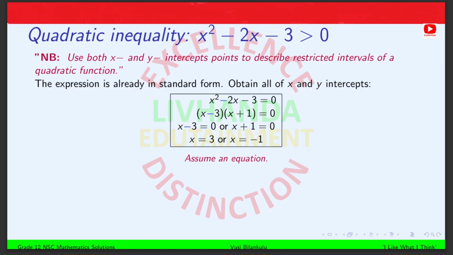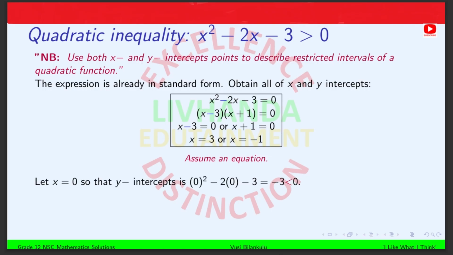The expression x squared minus 2x minus 3 has two factors. The first factor is x minus 3 because the middle term has a negative sign. The second factor is x plus 1, so that negative 3 times positive 1 gives the constant term of the expression. That is, the constant is negative 3.